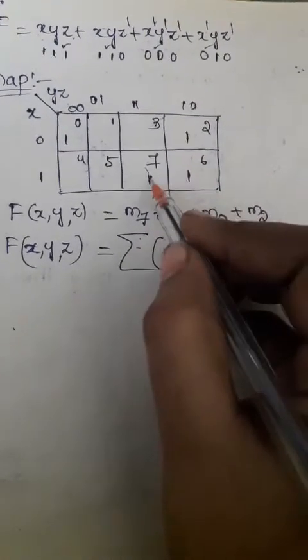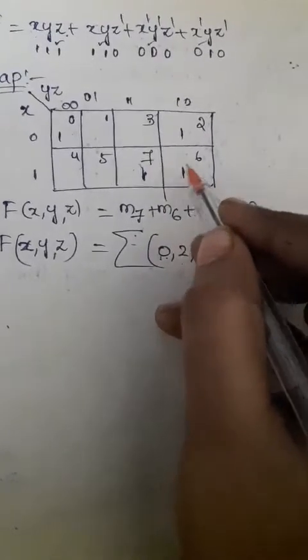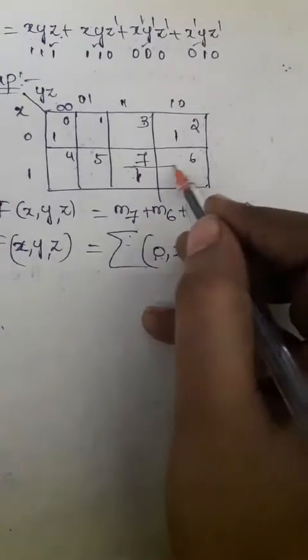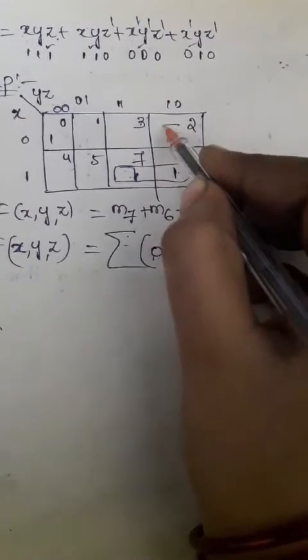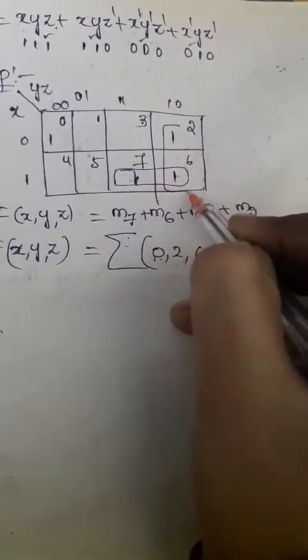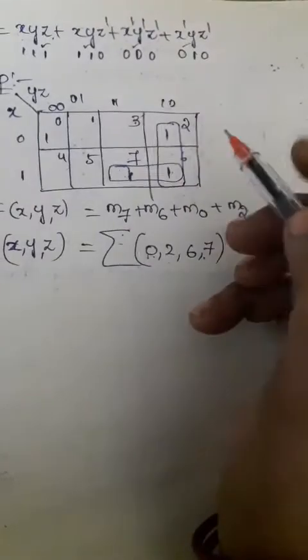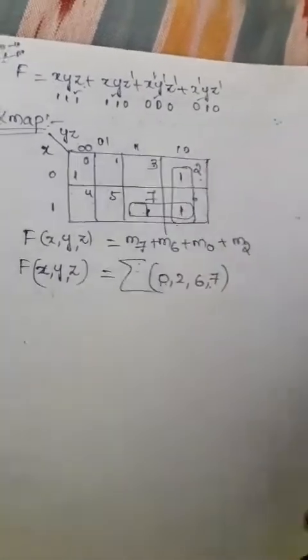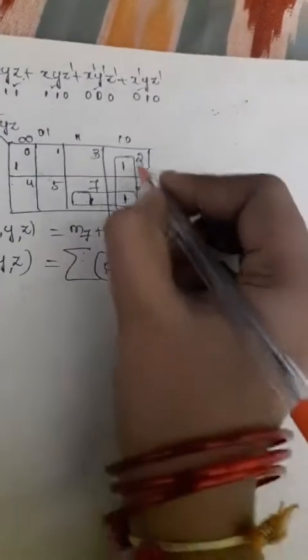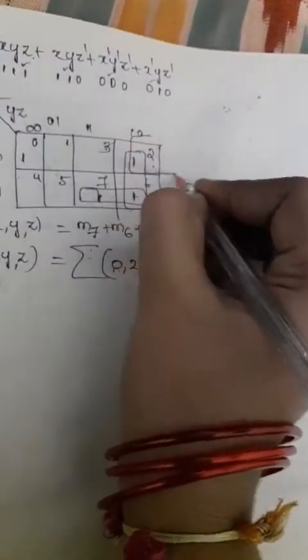So here just observe, 6 and 7 are adjacent cells, so we get one possibility, a double. Here 2 and 6 will be another double. And 0 and 2 cells are adjacent, opposite cells, so directly we get one more double.